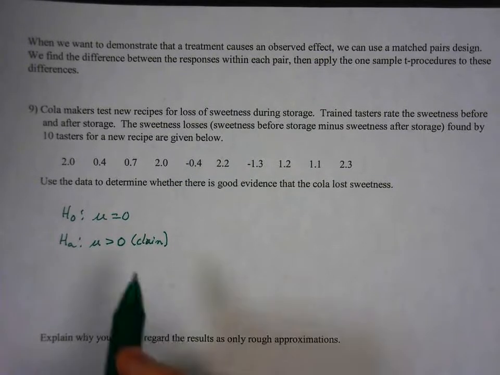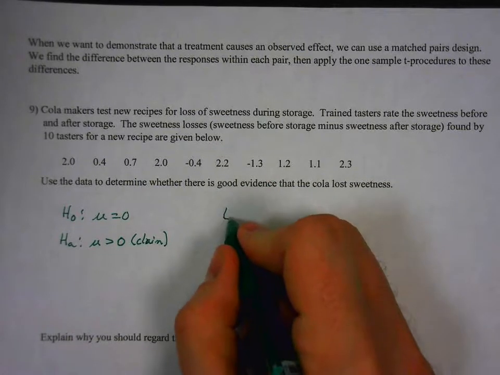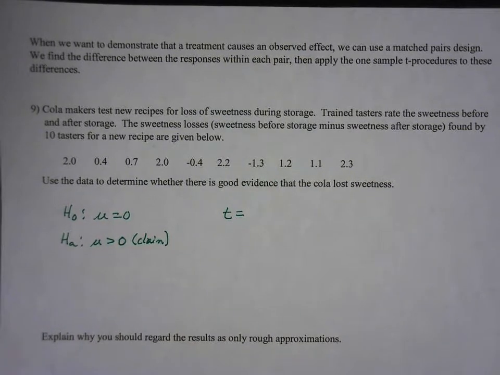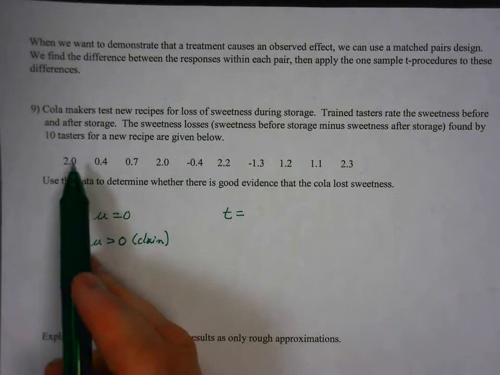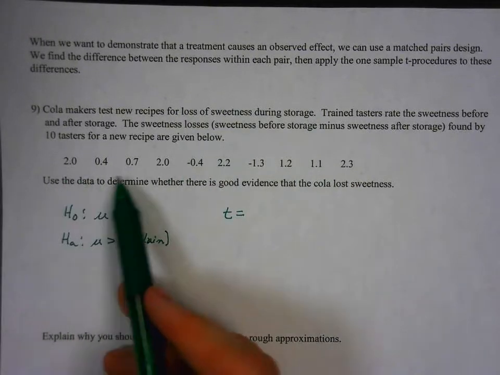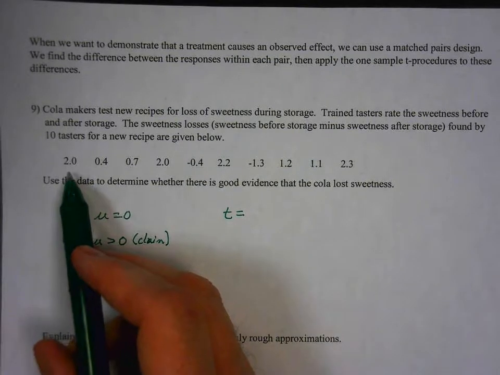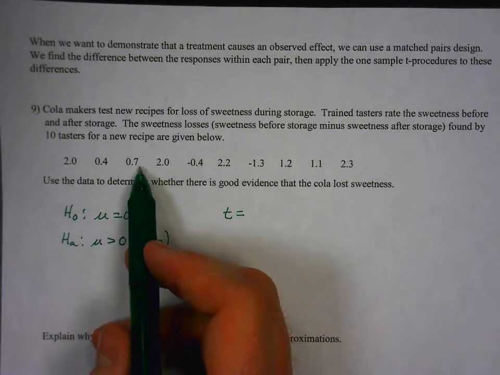So after we have our hypotheses, we'll calculate our test statistic. T equals. Now we have to find our mean and standard deviation for the sample. So we have a list of data. In list 1, you're going to put 2.0, 0.4, 0.7, and so on.